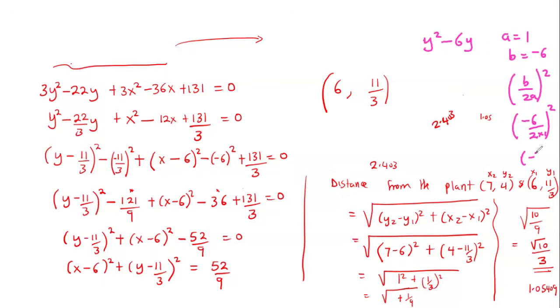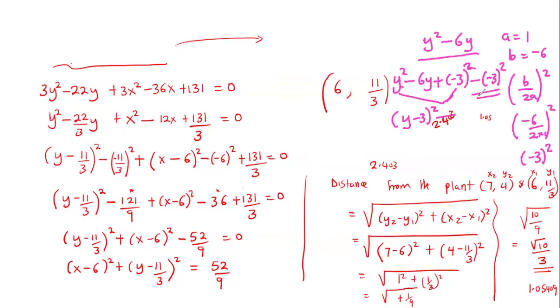So here you end up with negative 3 squared. So when you come to the original thing, say y squared minus 6y, then plus negative 3 squared minus negative 3 squared. So what you do, you combine this and this. Since all of them are squared, it is going to be y minus 3 squared. Minus now, you bring back this.